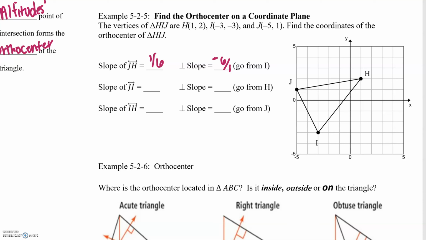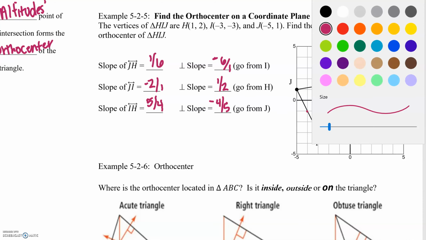JI, we're going down 1, 2, 3, 4, and over 2, which is really just going down 2 over 1. So negative 2 over 1, which flips and changes to positive. And then IH, I'm going to go up 1, 2, 3, 4, 5 over 1, 2, 3, 4. Up 5 over 4, and then we're going to flip it, 4 over 5, and make it negative.